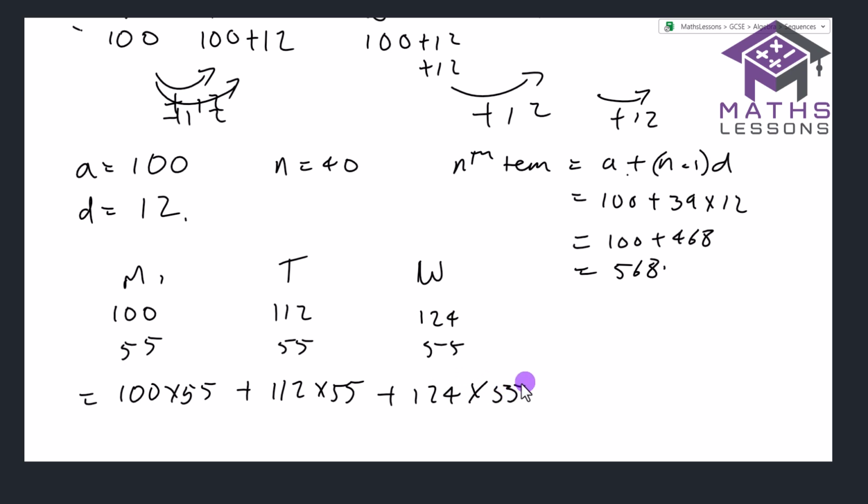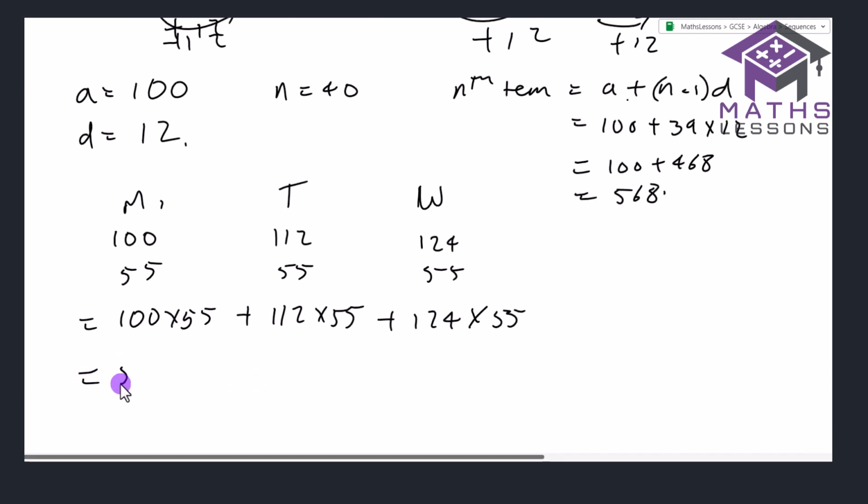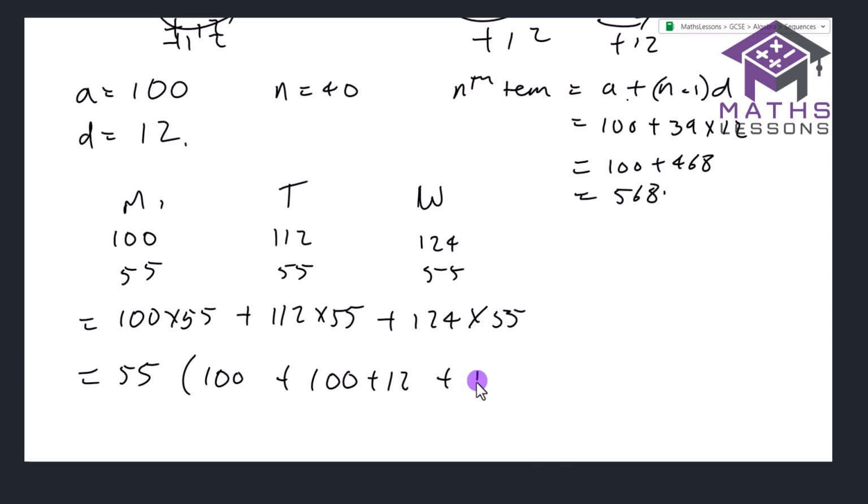What you can see is that we've got the sum of an arithmetic series that's been multiplied by 55. So we're going to get 55 times 100 plus 100 plus 12, that's the 112 there, plus another 100 plus 12 plus 12, and so on.